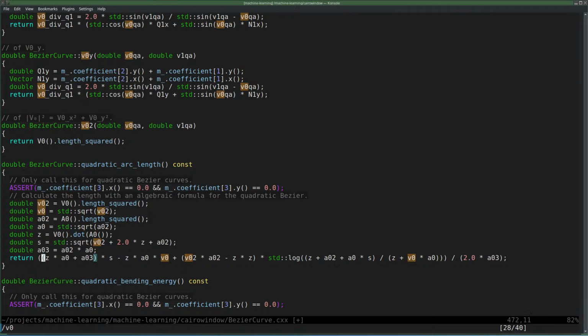And then I can take the derivative with respect to v0 x and y, and then multiply with the partial derivative of both with respect to alpha 0.